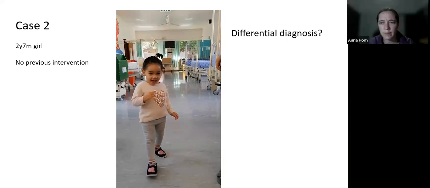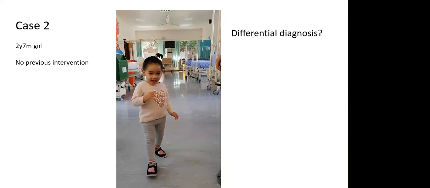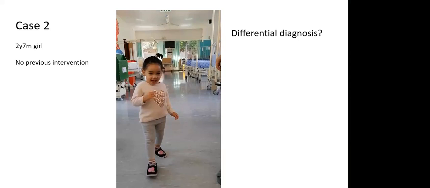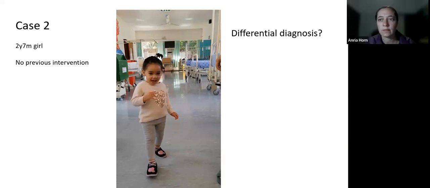What's proximal femoral dysplasia? Sorry, it's breaking up. Bilateral coxa vara, yeah. Good, yes.